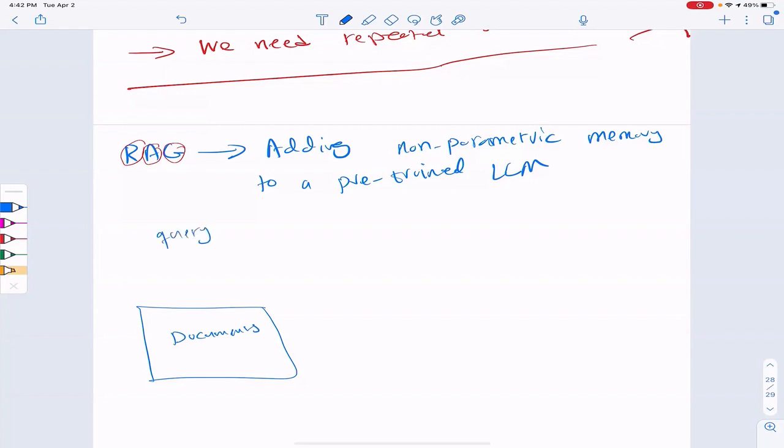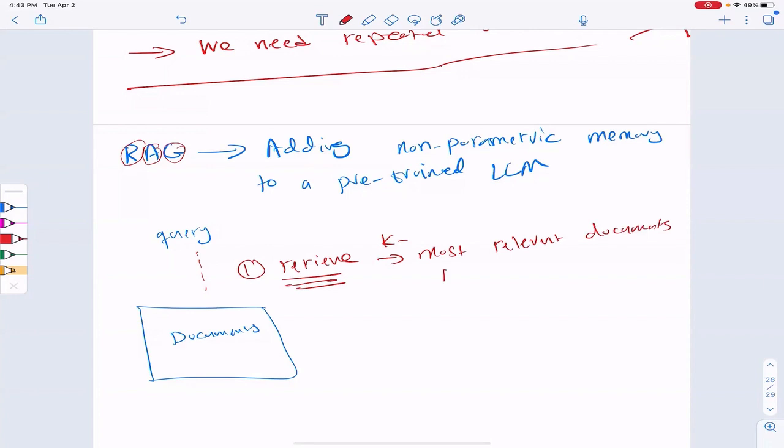So when a query comes, the first part is retrieve. What are the most relevant documents to that particular query? That's the first step: retrieve the most relevant, or top K in many cases, documents to a query.